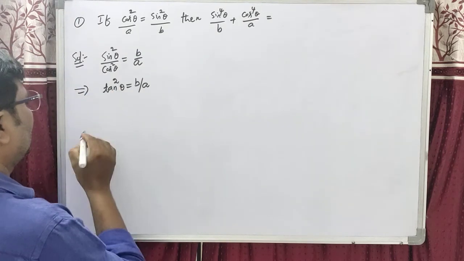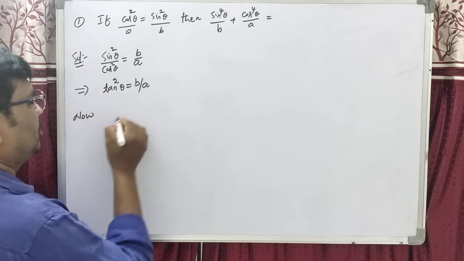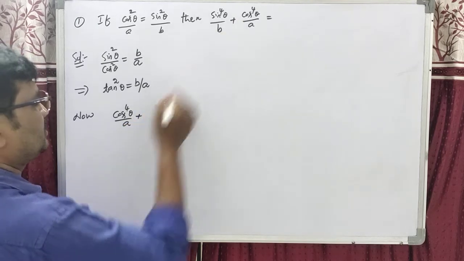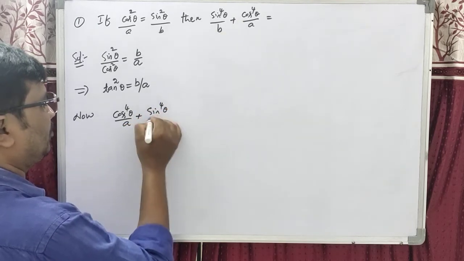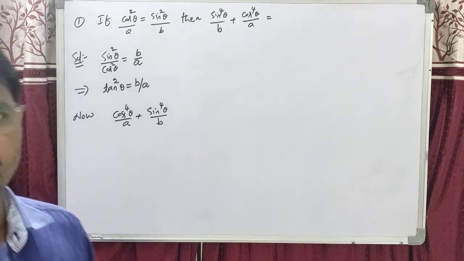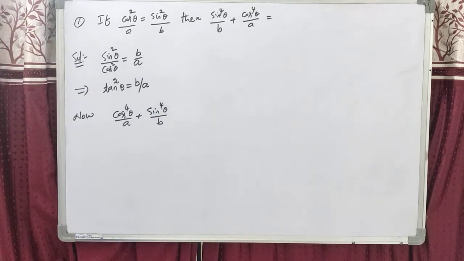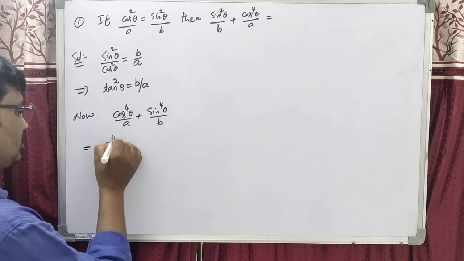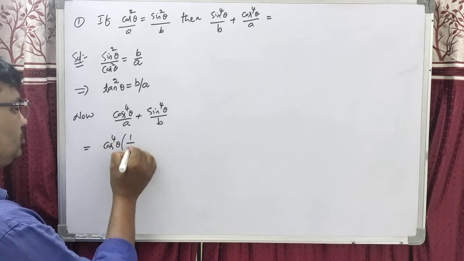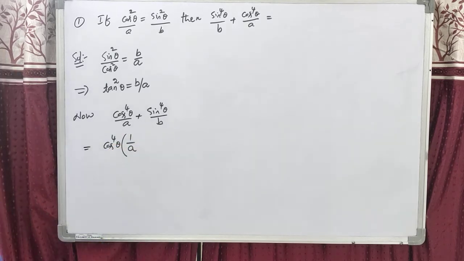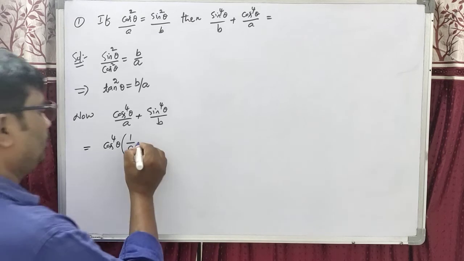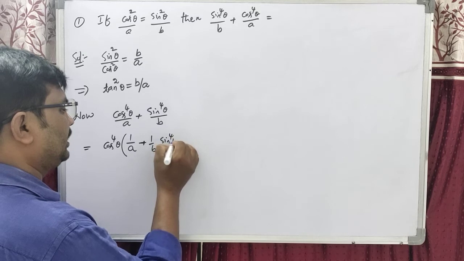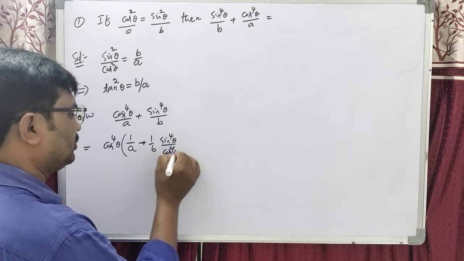Right now, students, we find the value of cos power 4 theta by A plus sin power 4 theta by B. Okay, students, how to find this one? Suppose we take the common factor cos power 4 theta. How to write it here? 1 by A, and we are taking 1 by B sin power 4 theta by cos power 4 theta.